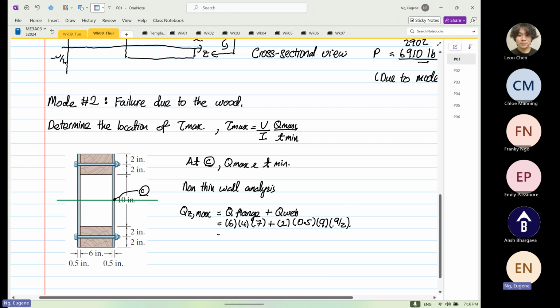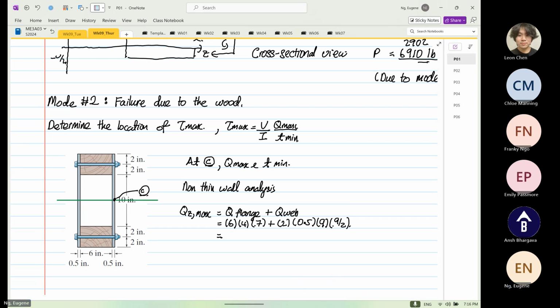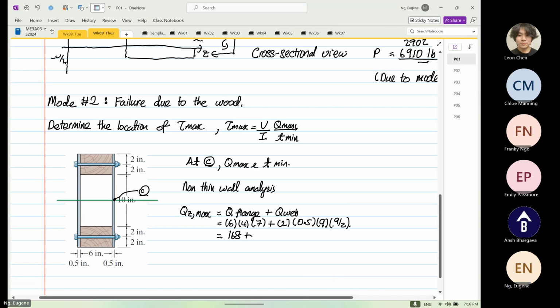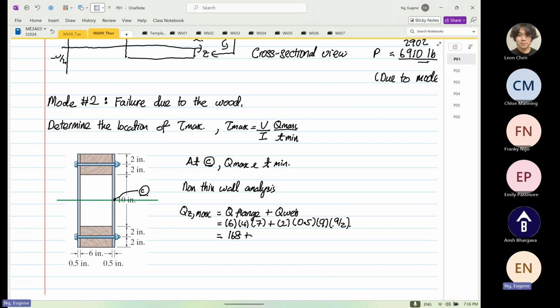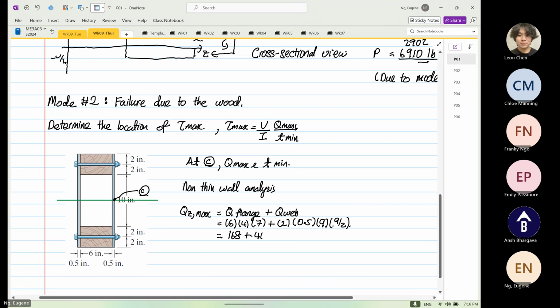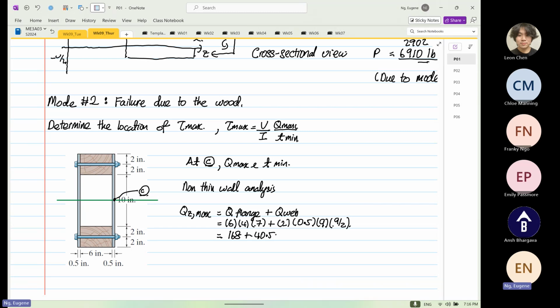So this will be equal to 6 times 4 times 7, 168, plus 2 times 0.5 times 9 over 2, which is equal to 40.5. So 168 plus 40.5 is equal to 208.5.